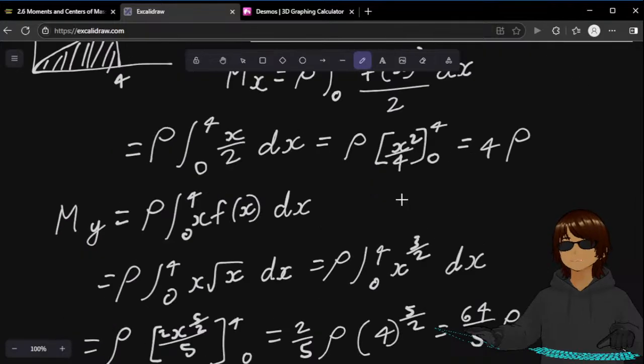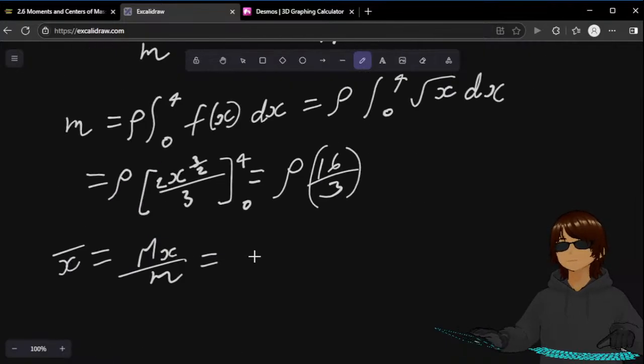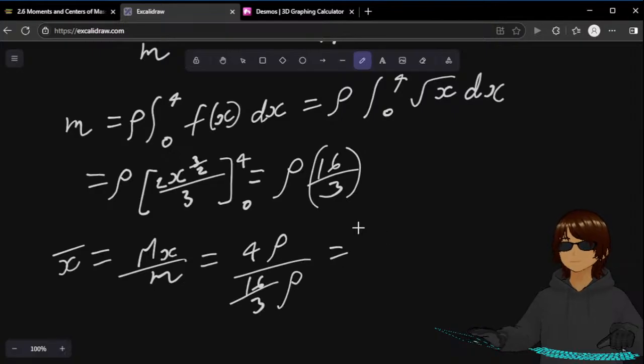So we have 4 rho. Times 4 is 12 over 16. Divided by 4, we get 3 over 4.